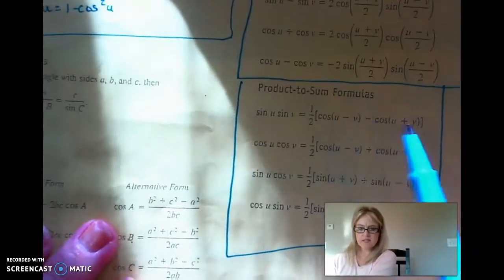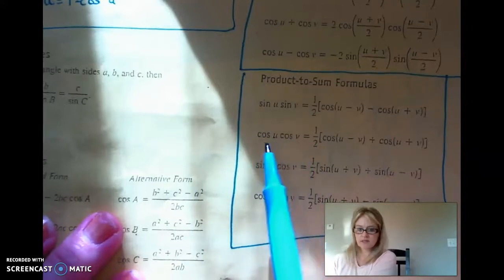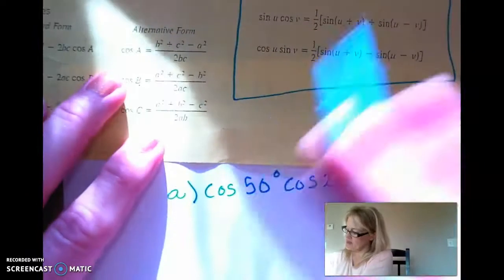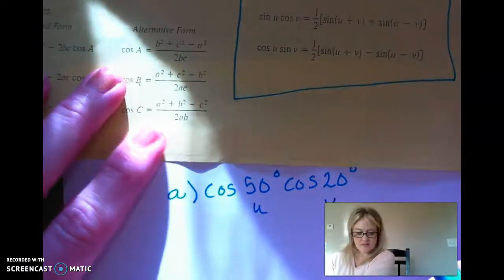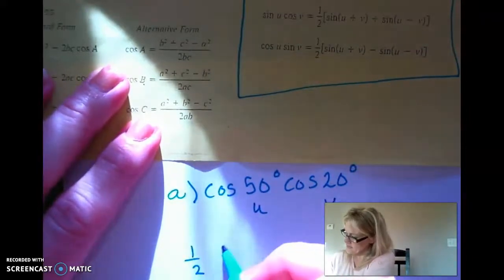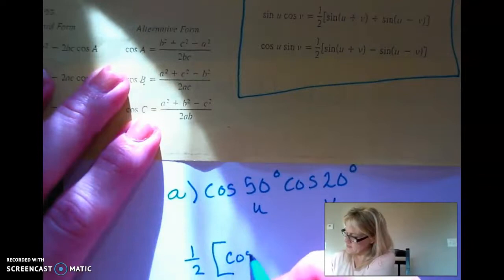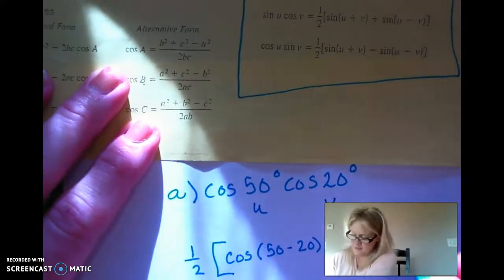It's cosine times cosine, so I'm going to use this formula right here. This is my u and this is my v. So it says to take 1/2 times the cosine of u minus v plus the cosine of u plus v.